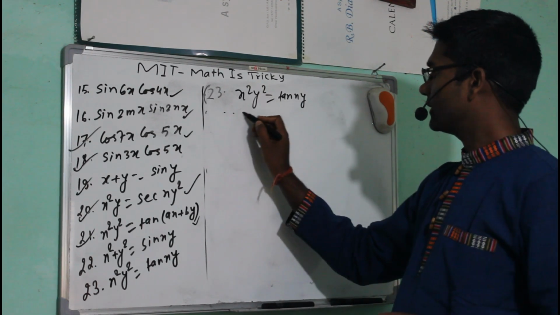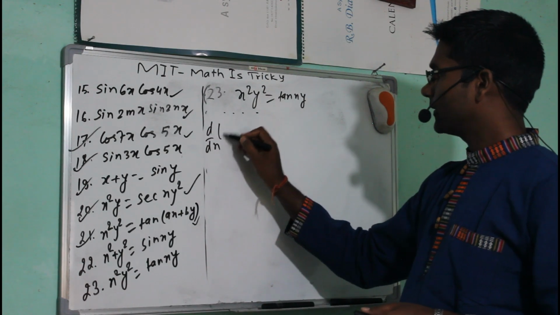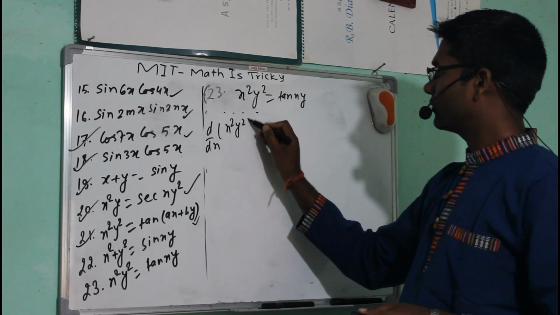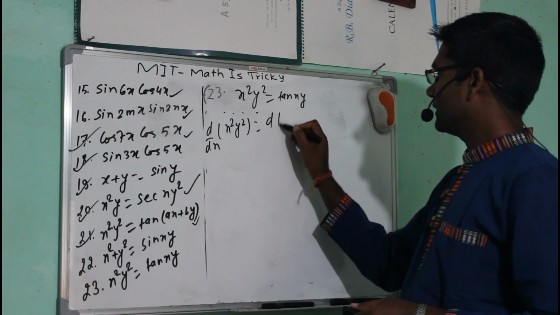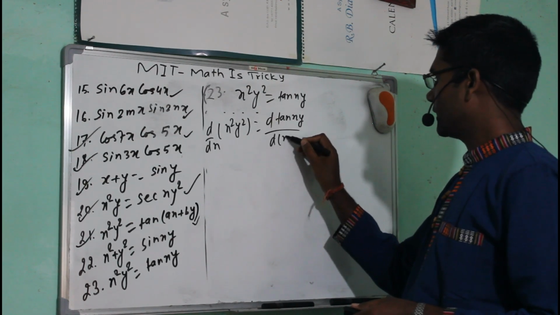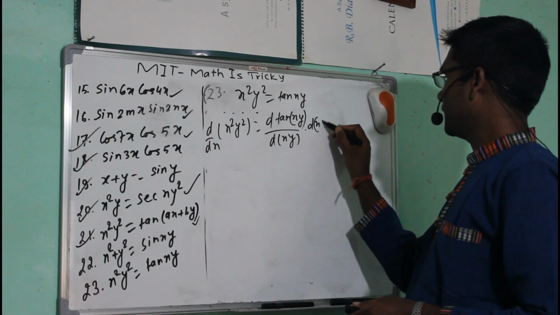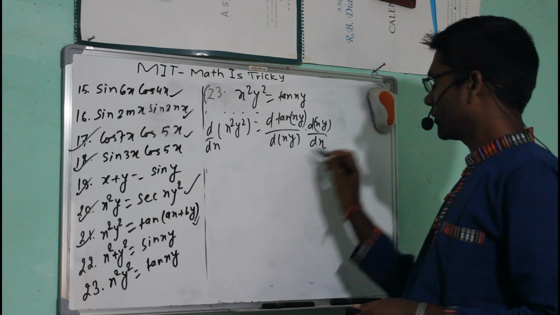Again differentiating both sides with respect to x, we get d/dx of x²y² equals d tan(xy), using the chain rule, d(xy)/dx.